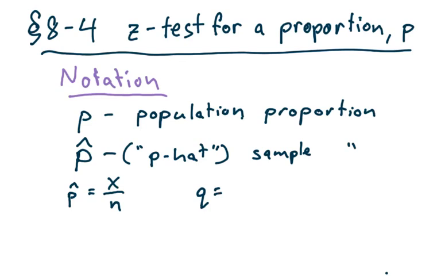So to compute Q, you just take whatever the hypothesized value of P is, and you do 1 minus that. That's basically it for our notation, and that's pretty similar to what we've already seen.